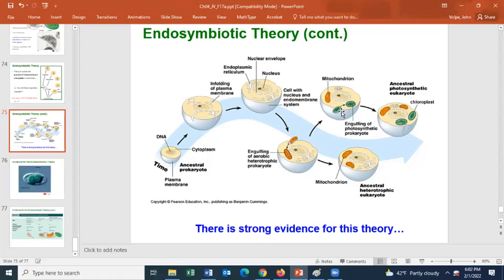So the plant cell took up two bacteria, one that went on to become the mitochondria, and the other which went on to become the chloroplast. Any question about any of that?